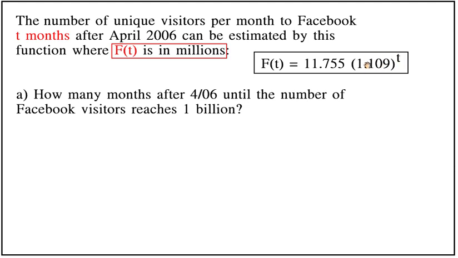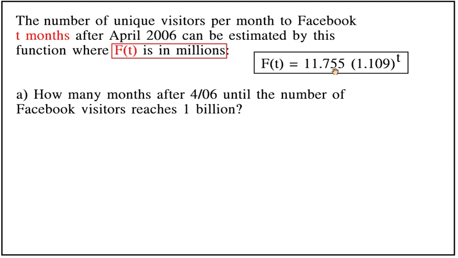And so the output is very easy to see. It's just 1 times this. In other words, it's just this. So the output is going to be 11 point, let's round it up to tenths, 11.8. So when t is equal to 0, f of t is equal to 11.8. And so that's in terms of millions. We're talking about 11.8 million.